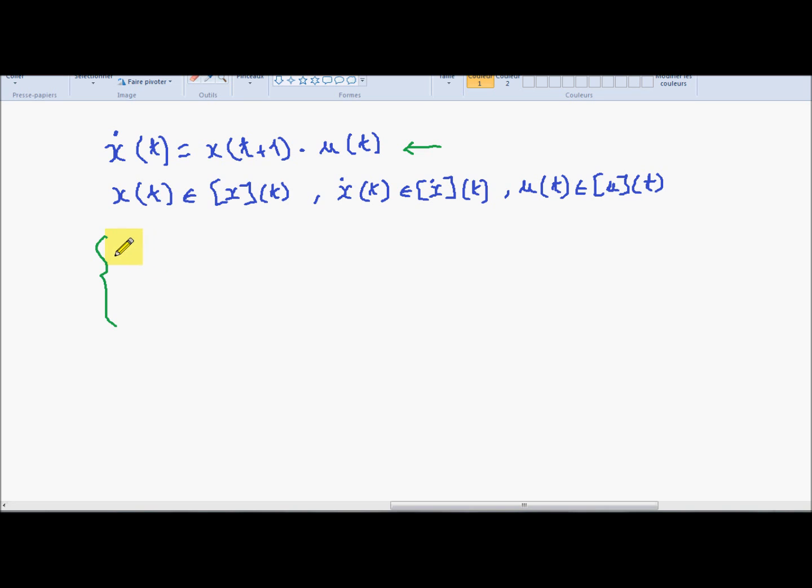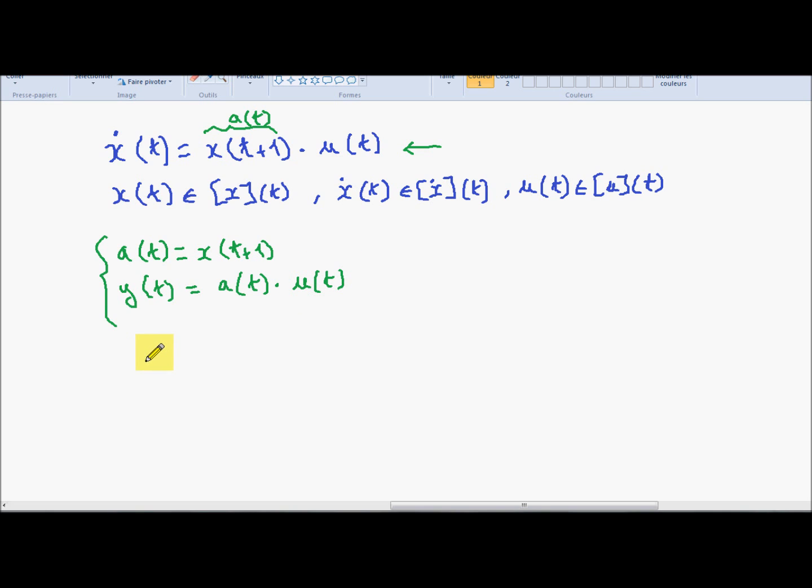I will define a of t, which is equal to x of t plus 1. I will define y of t, which corresponds to the product of a of t and u of t.